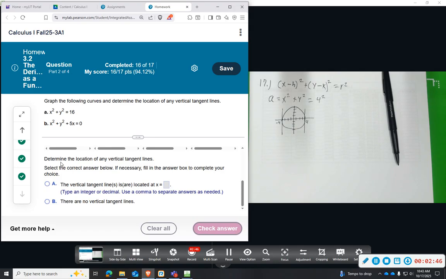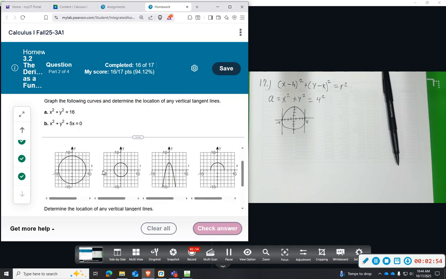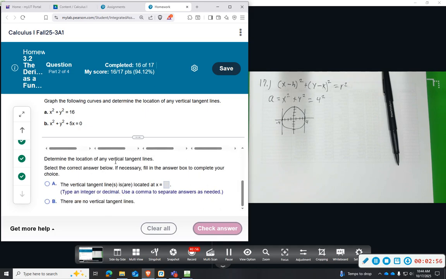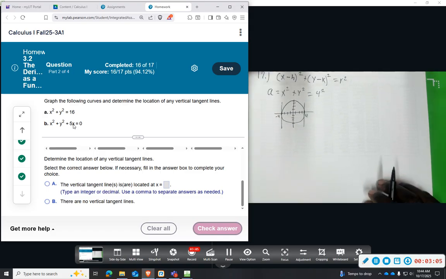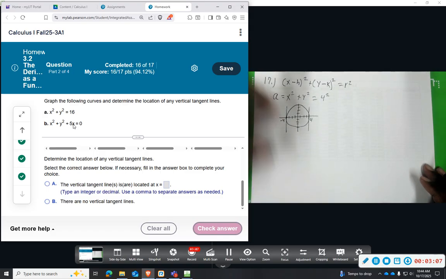Okay, and then the next part says determine the location of any tangent lines, and so this is going to be with graph B. So for this one you want to go through completing the square to be able to identify the shift.